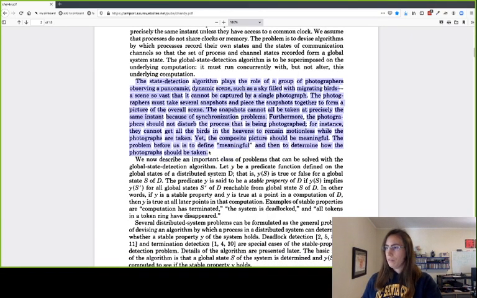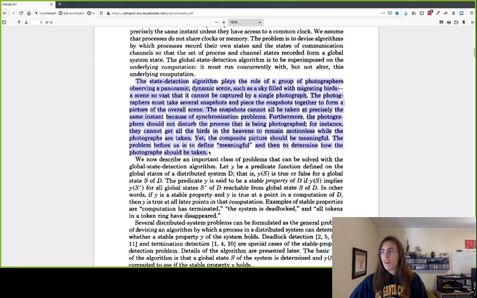So the authors write, the state detection algorithm, and that's the algorithm that they've invented, plays the role of a group of photographers observing a panoramic dynamic scene, such as a sky filled with migrating birds, a scene so vast that it cannot be captured by a single photograph. The photographers must take several snapshots and piece the snapshots together to form a picture of the overall scene.